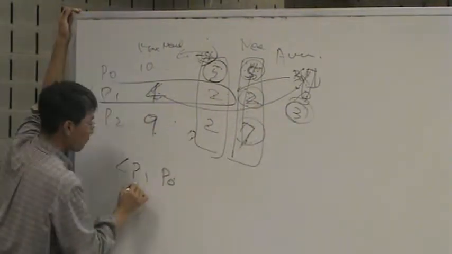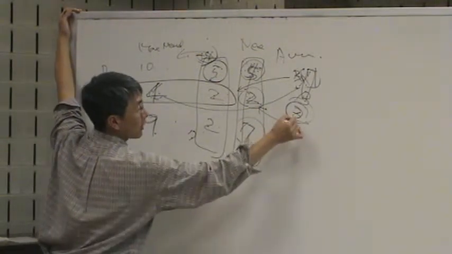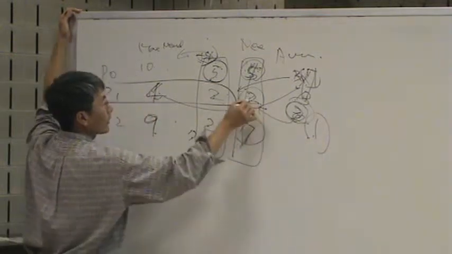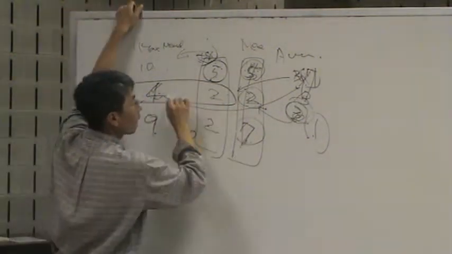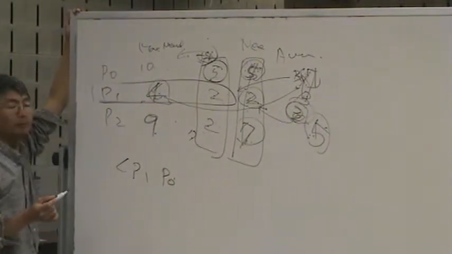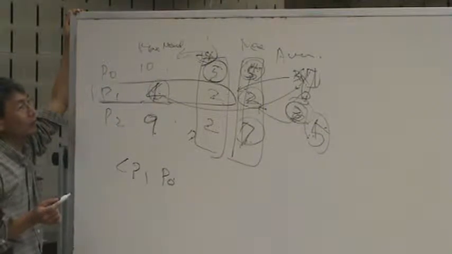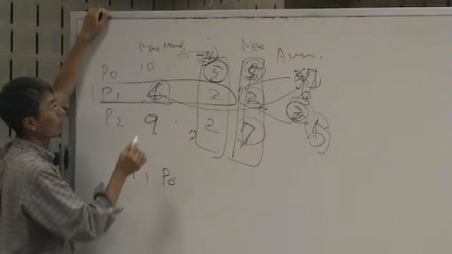So we can start P1, then borrow the 2 of the resource, then available is 1. Okay, then after P1 completes, all 4 will be returned. So currently 5 available. Right? 3 and 4, 3, 6.